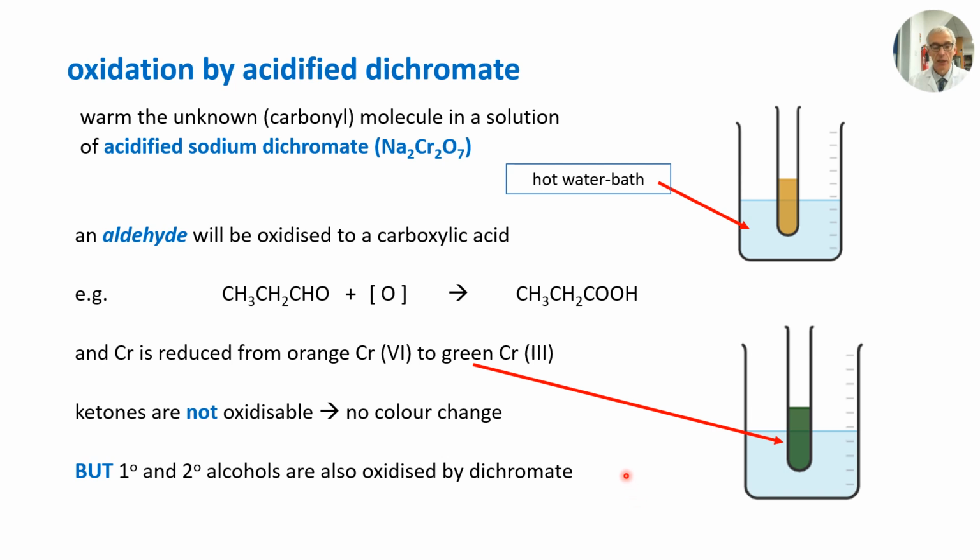However, a word of warning, on its own, dichromate, orange to green, indicates possibly that you've got primary or secondary alcohols, because they also are oxidized by dichromate. So the identification of an aldehyde requires, in this case, the 2,4-DNPH first, and then the reduction of chromium-6 to chromium-3.